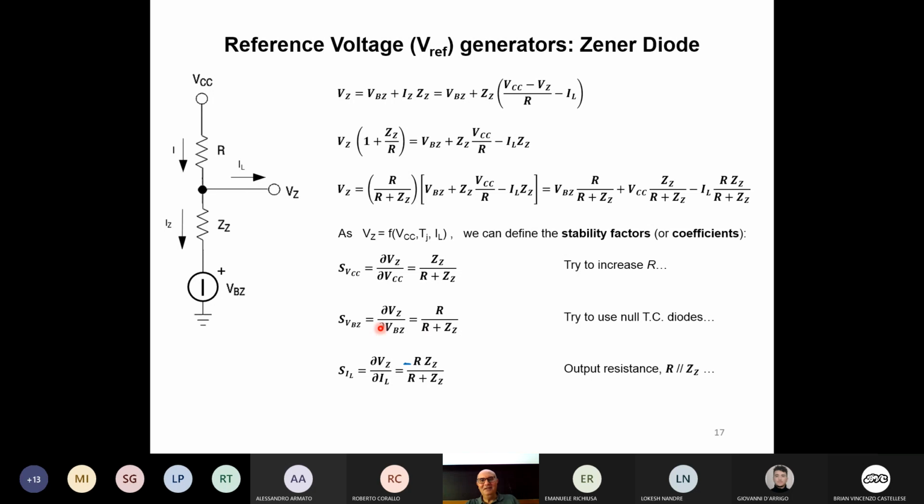But the sensitivity is negative. So basically, when we increase the current, the voltage will go down. That's right.